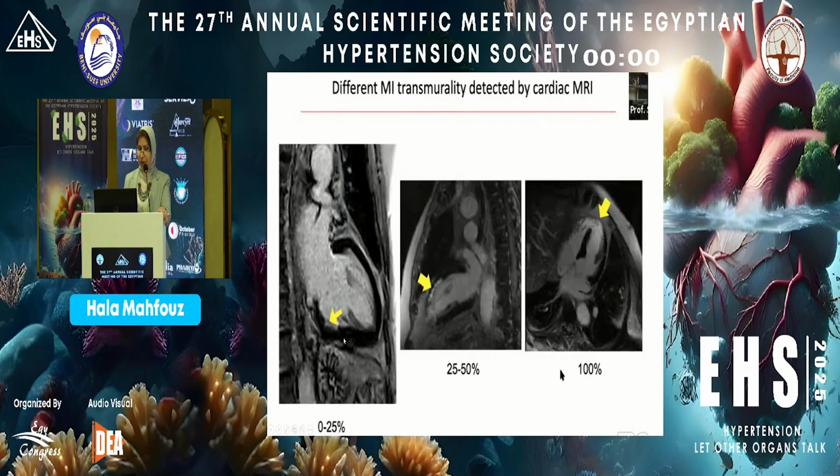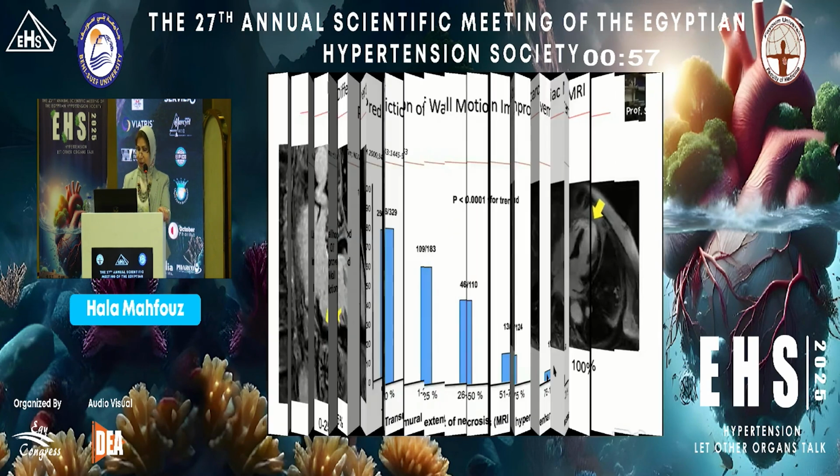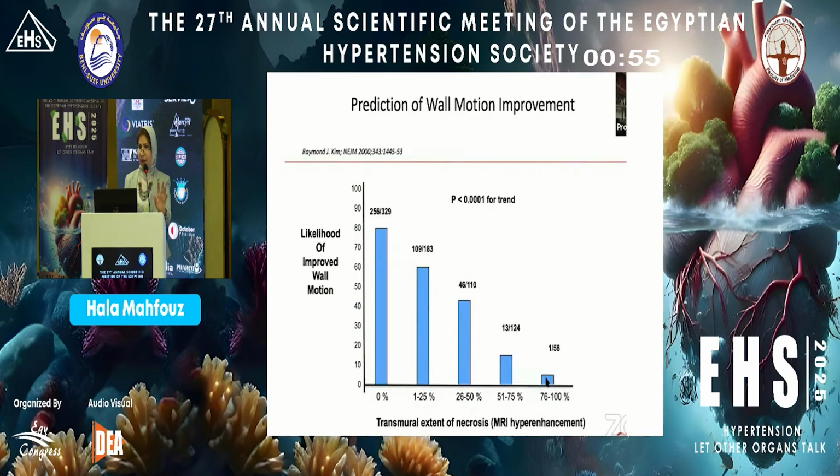Also it differentiates non-transmural versus transmural myocardial infarction with a very simple method. There is an inverse relation between the transmurality of the area of infarction and the recovery or regaining of motion in patients who developed myocardial infarction.